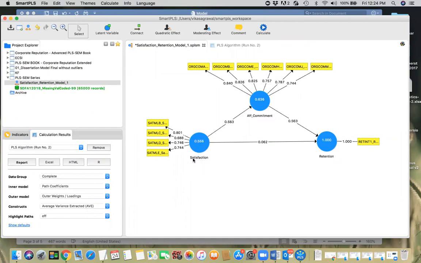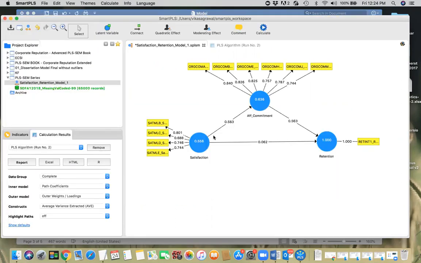This is the AVE, average variance extracted, for satisfaction. If you take the square root of it, it tells you how much this construct is correlated with its items. The idea here is the construct should correlate more with its respective items than with other constructs. Because these items are what you're using to measure the construct in the first place, they should correlate with the construct more than any other construct.